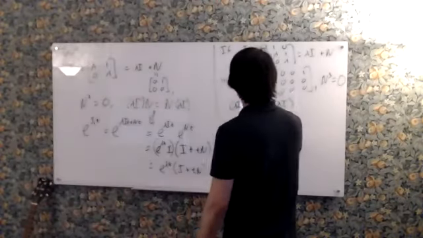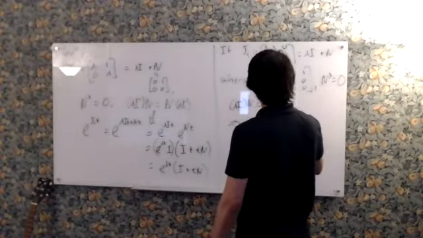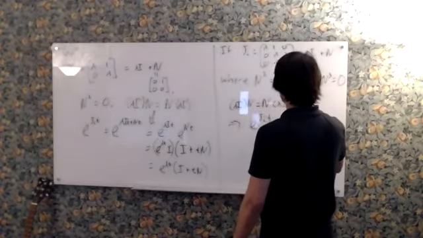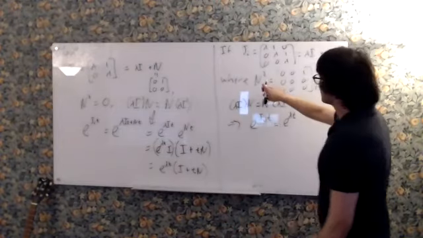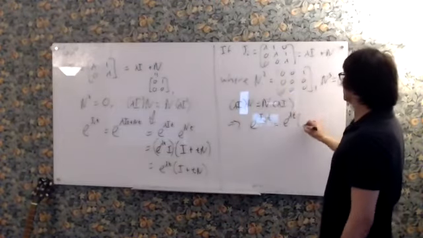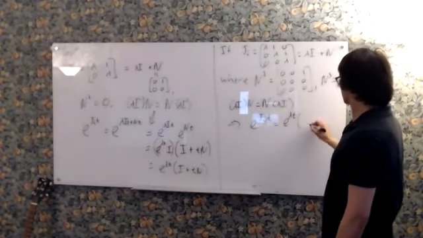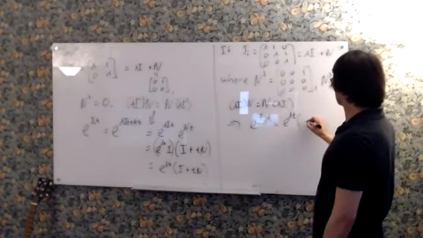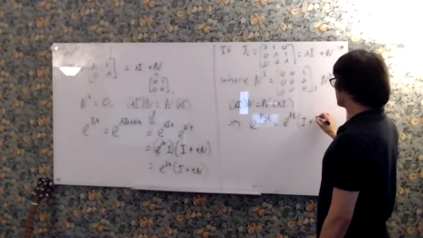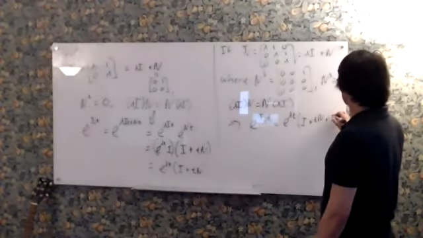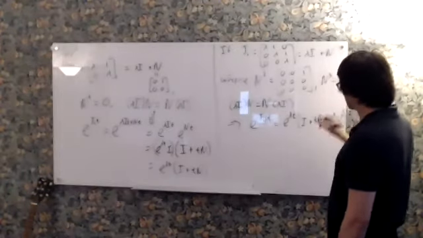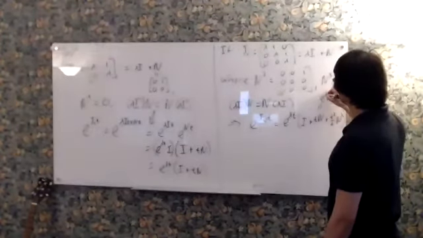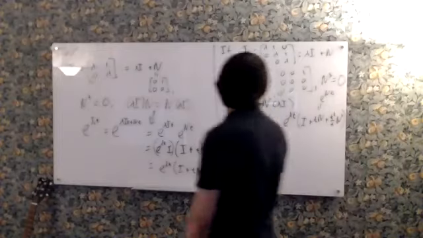So in particular, e to the Ji t is equal to e to the lambda t, where this just has one more term in the power series expansion. This is just I plus Tn plus T squared over 2 n squared, because this thing over here is just e to the nt. Okay.